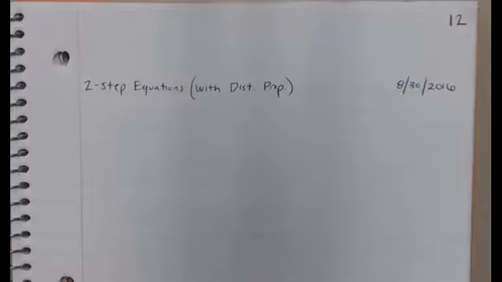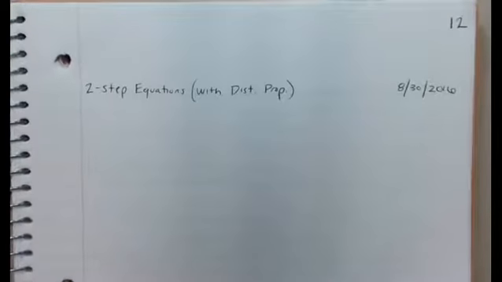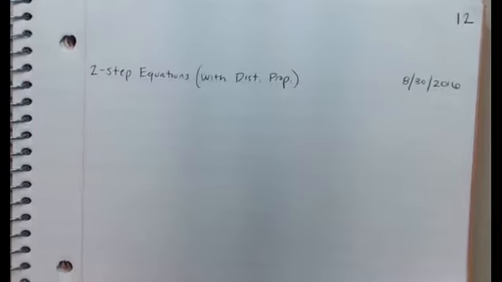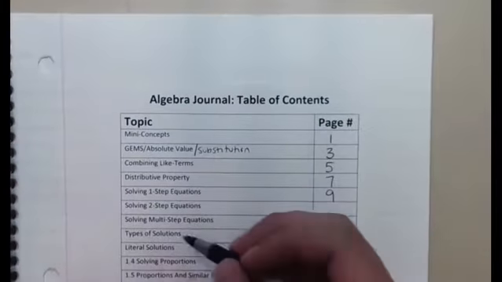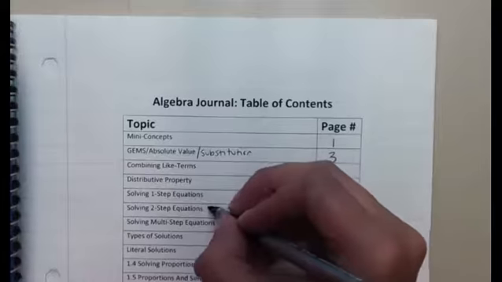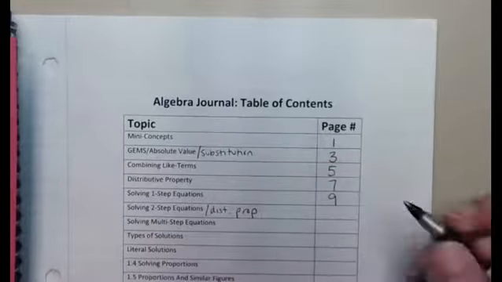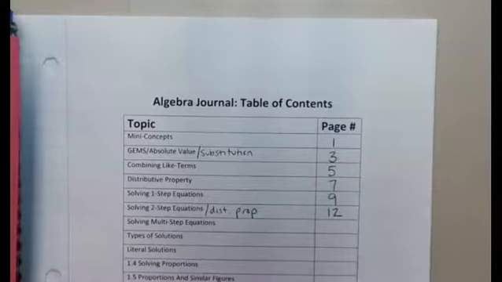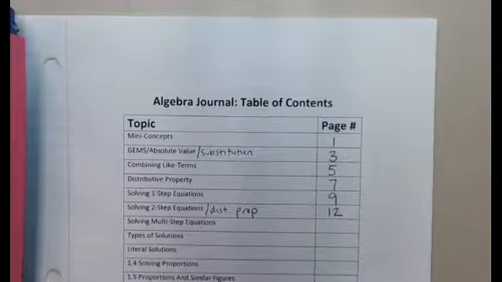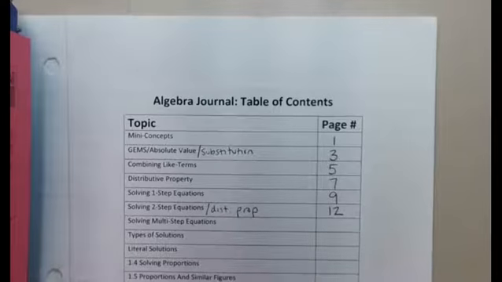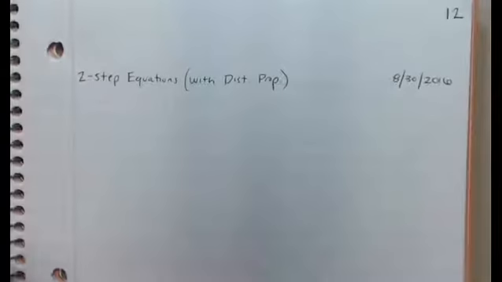Today is August 30th, 2016, and again we want to make sure that we fill out our table of contents because that will be beneficial when we have quizzes or tests and we can study from them. So again, solving two-step equations. I'm going to put distributive property as well, and this is my page 12. Go ahead and take a second to head that.